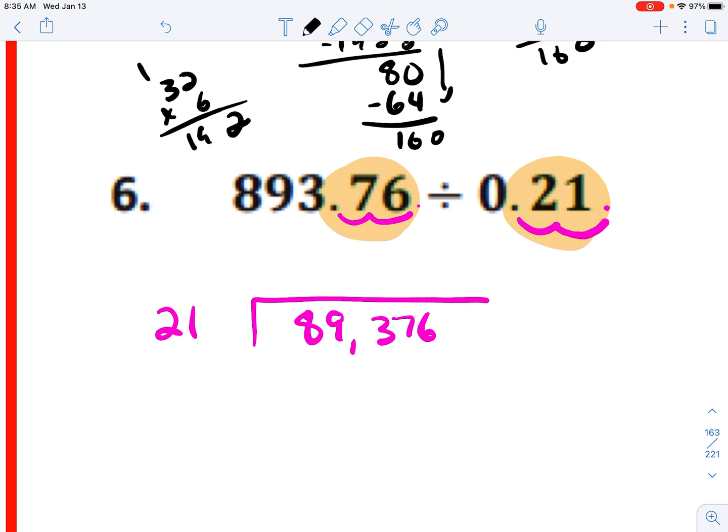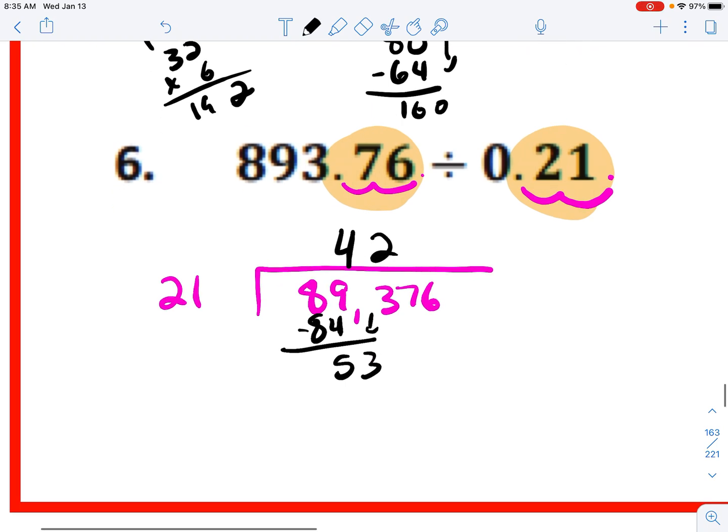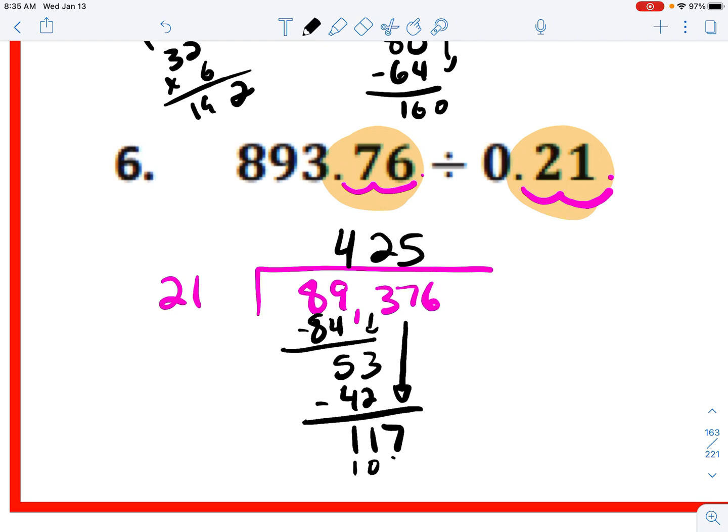Okay, so 21 goes into 89 4 times. That is 84. You subtract this and you get 5. Bring down the 3. 21 goes into 53 twice. That is 42. You subtract that and you get 11. 21 goes into 117 5 times.